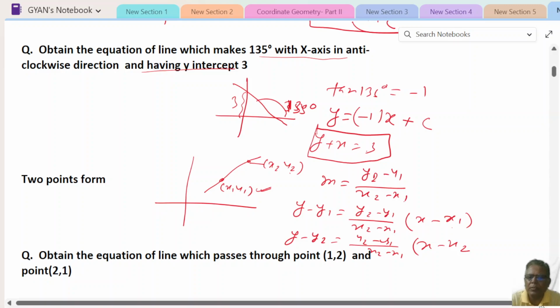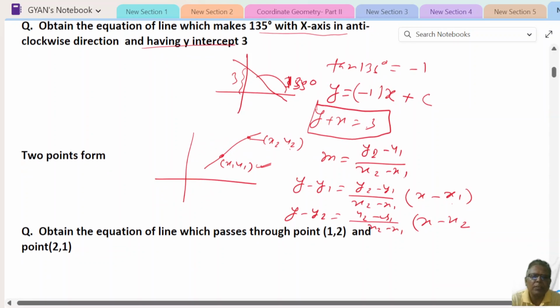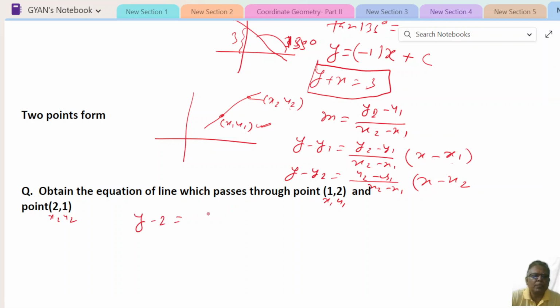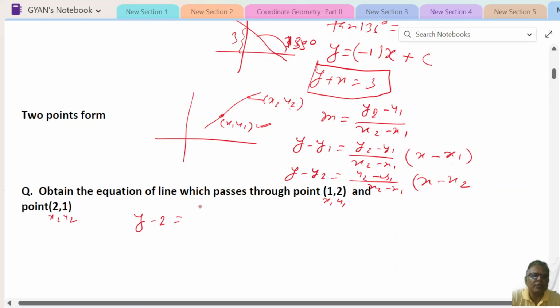So now come to this question. Two points are given. So suppose this is x1, this is y1, this is x2, this is y2. So y minus 2 is equal to (y2 minus y1) that is (minus 1 minus 2) divided by (2 minus 1) into (x minus 1).